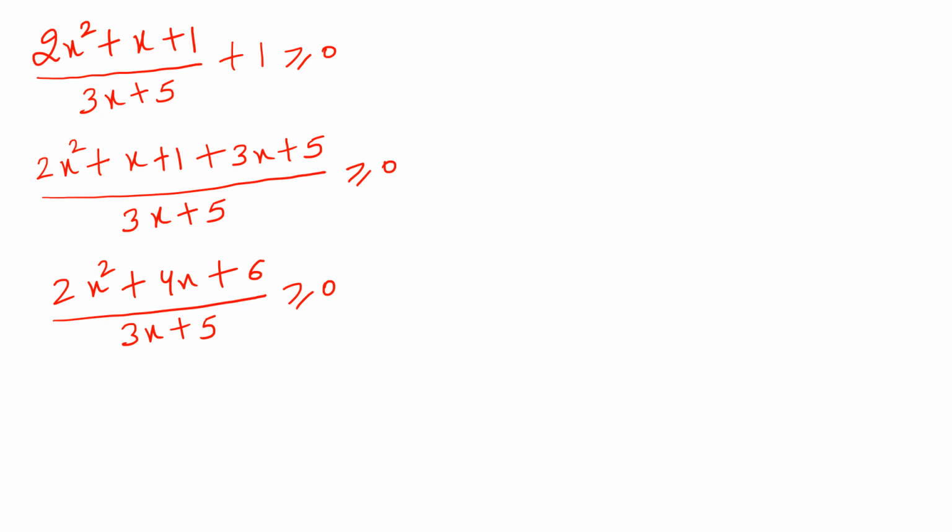Now divide both sides of this inequality by 2. So you will get (x square plus 2x plus 3) whole divided upon (3x plus 5) greater than or equal to 0. Now students, the expression x square plus 2x plus 3 is positive for every real value of x. Why?